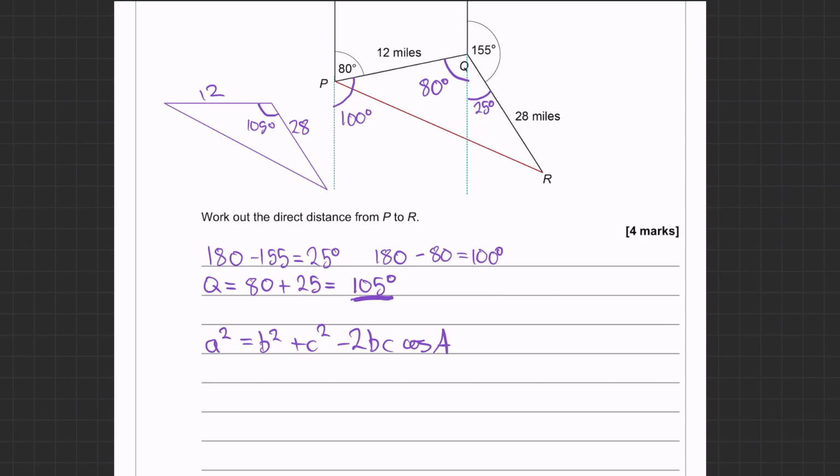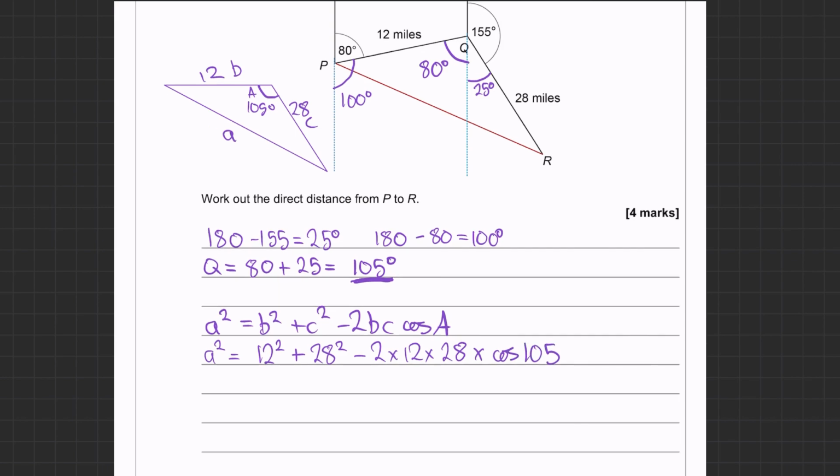I'm going to label the sides a, b, c, this is angle A. So a squared equals b squared, which is 12 squared, it doesn't matter which way around b and c are, plus 28 squared minus 2 times 12 times 28, so 2 times b times c times cos of the angle, which is 105.